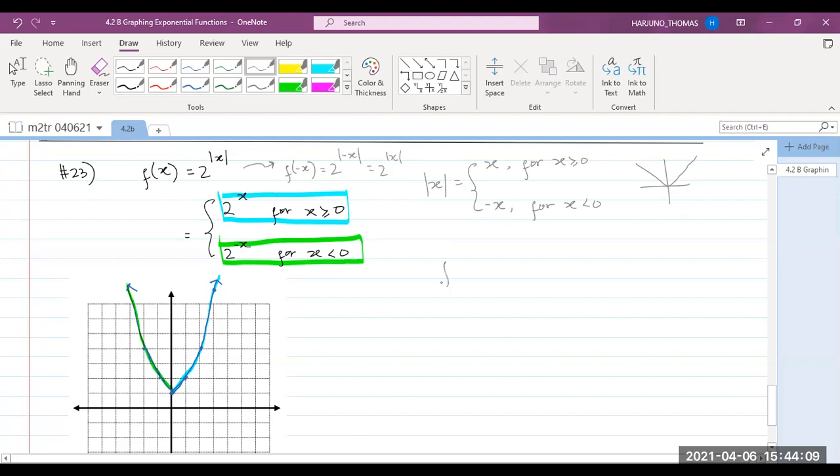In other words, f of negative x is equal to f of x, which implies this function is an even function. Therefore, it has y-axis symmetry.